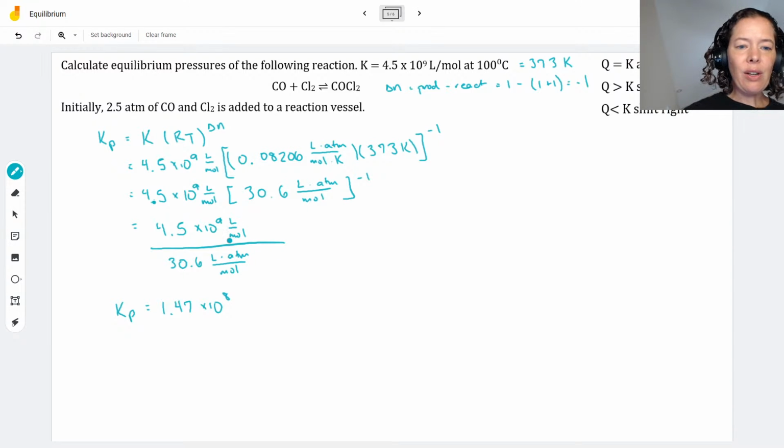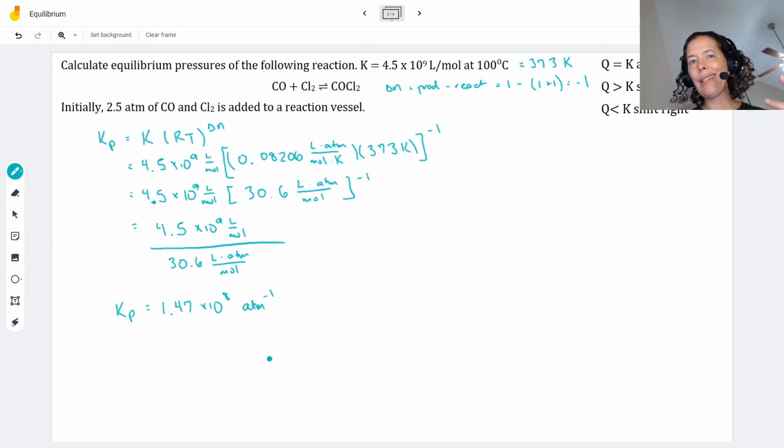And you'll notice that our liters and our moles cancel. We're just left with atmospheres in the denominator. So this is atmospheres to the -1, or the inverse of atmospheres. You can also write 1 over ATM if you want. It doesn't make a difference. Okay. The point being, we now have Kp, so we can actually do our equilibrium problem.